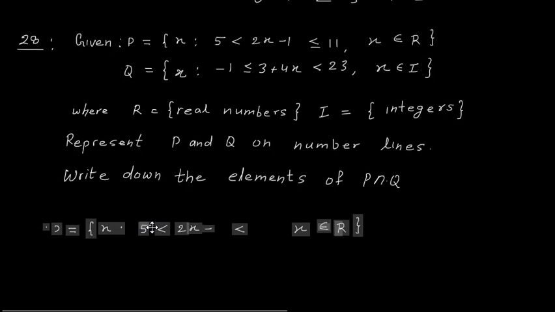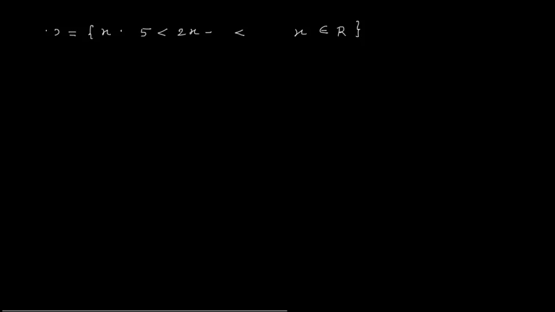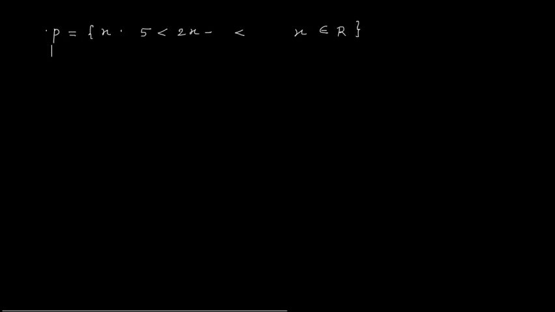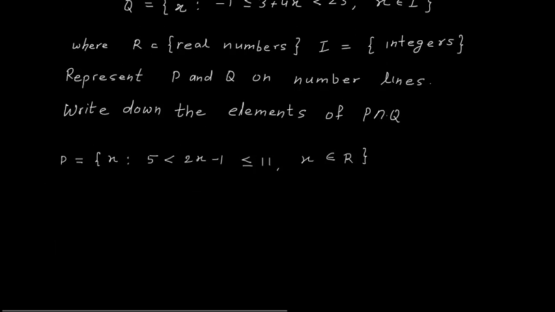So let us first see what is P. So P is all x, where x can be given by this. Okay. So here P is a set of x and this is the condition.